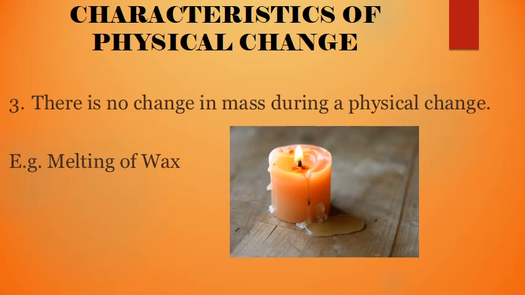The wax slowly melts and changes to liquid wax. Now if you try to measure the mass of this liquid wax, you will find it to be exactly equal to the mass of solid wax. So what does that show us? That during a physical change, the mass of any substance will remain constant.